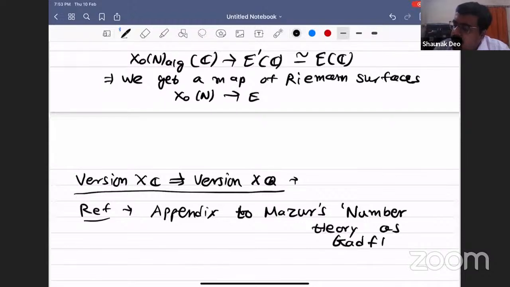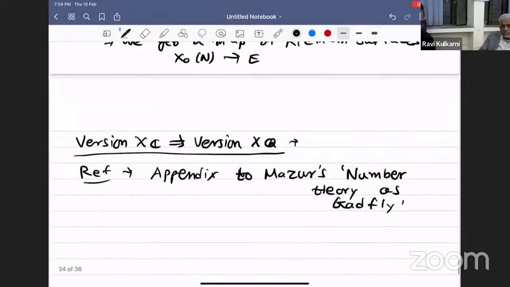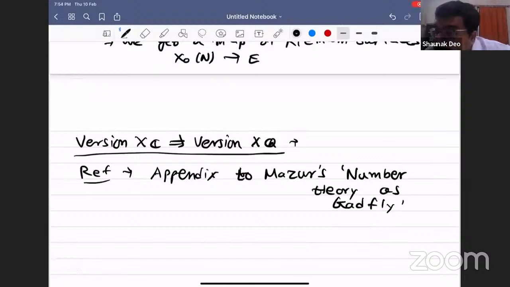It's a very good article, and in the appendix he gives this theorem, but it involves some previous results of Shimura and some arguments which are not really straightforward. It could be explained, but not in like 2 minutes, unfortunately. Someone else will talk about this in detail.